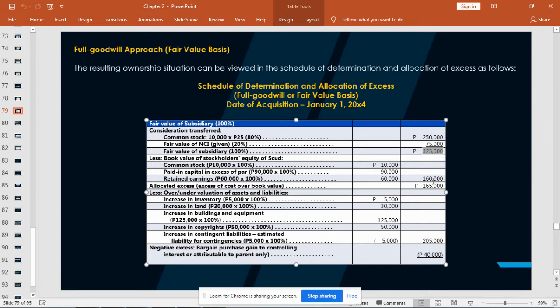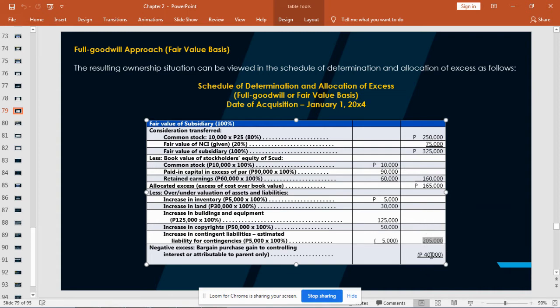Less the book value, which is 165,000 as a whole. Okay, I mean 160,000. Then our allocated excess would be 165,000. Right? Then for our changes, I mean valuation ng asset and liabilities, we have 205,000.